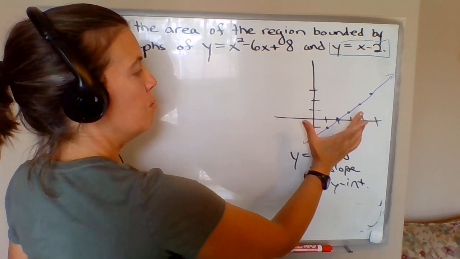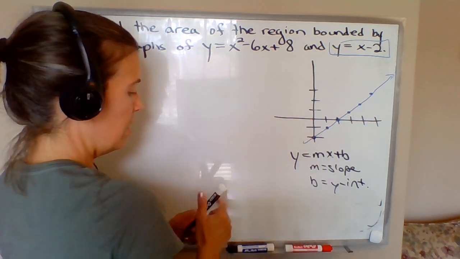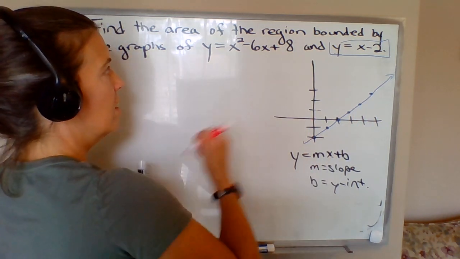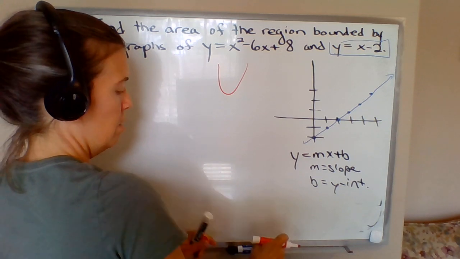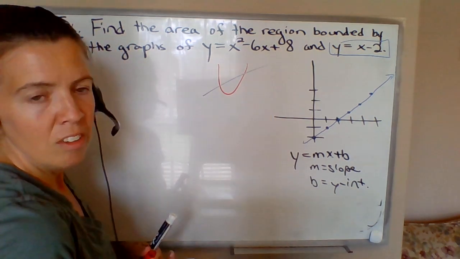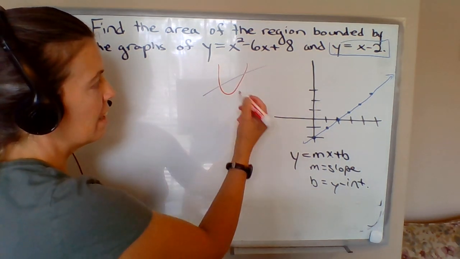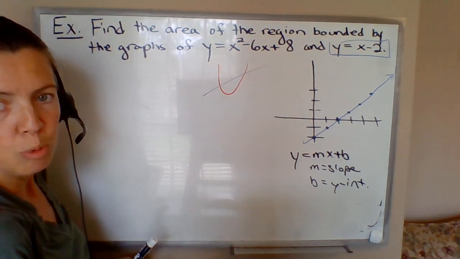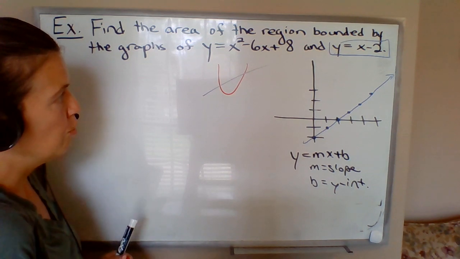If we know that this graph is a parabola and that other graph is a line, then overall the graph is going to look something like this. We want to find the area between those two curves.